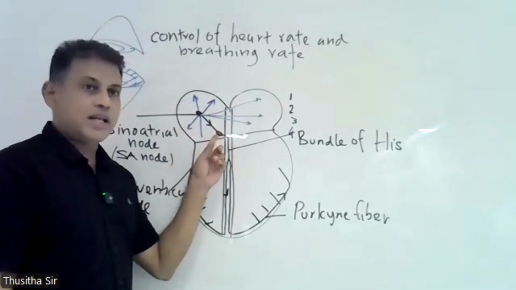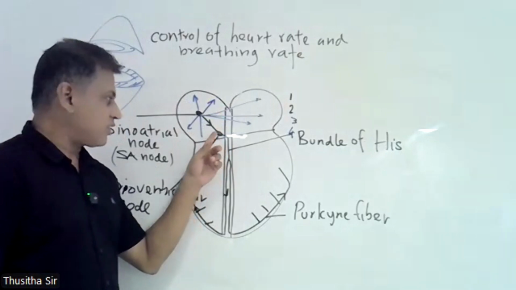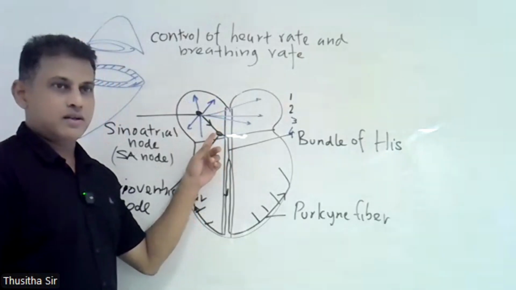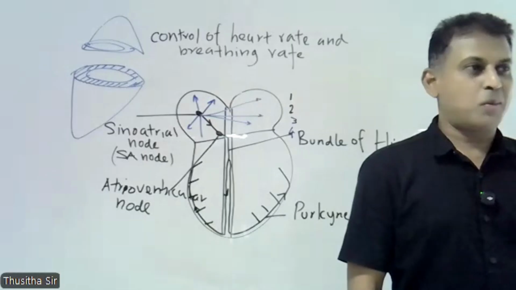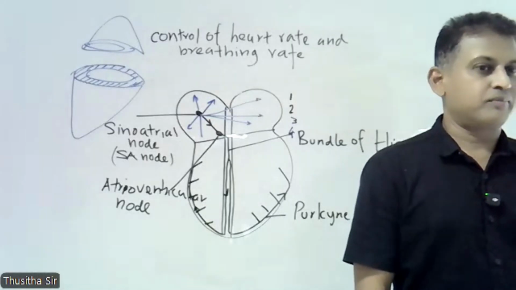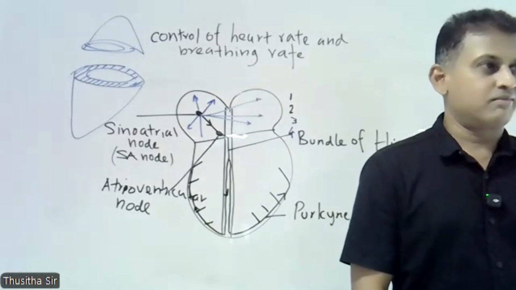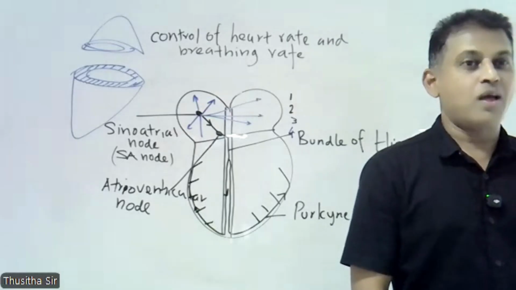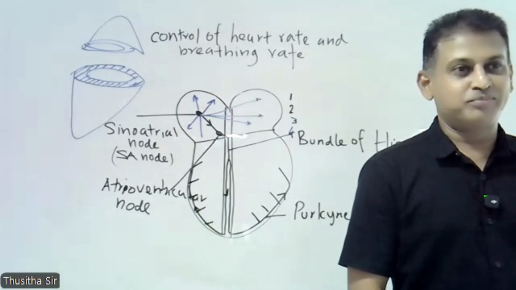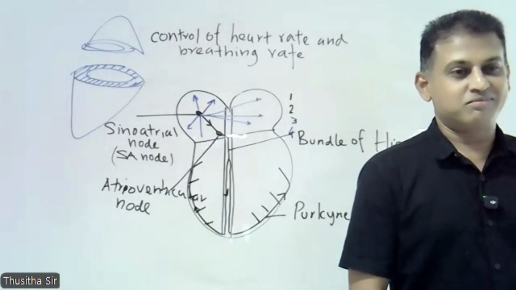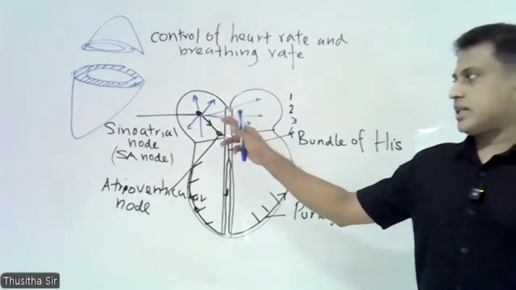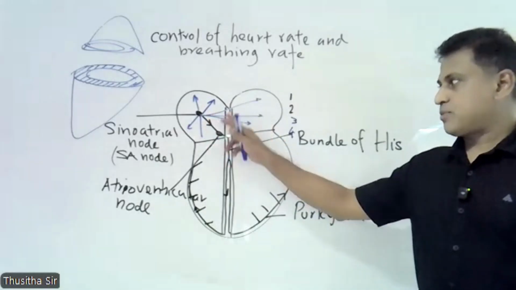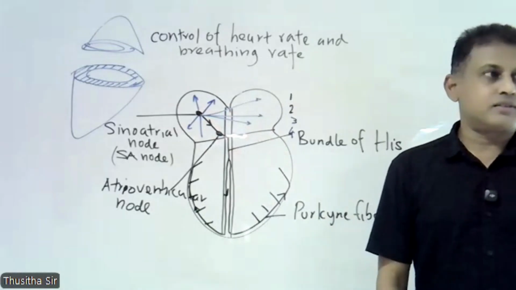Now why delay here? There's a small, very tiny delay. Imagine the signal going through the atria at the same speed was also going to the ventricles.